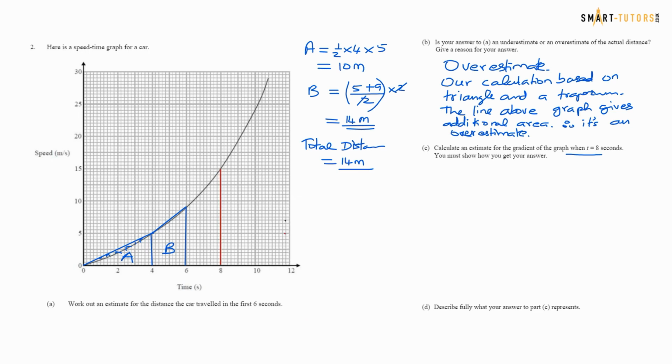Now we need to construct a right angle triangle, a tangent at 8. So tangent to the curve somewhere like that. So you need to draw a tangent to the curve. So not like that. So if I draw that again.